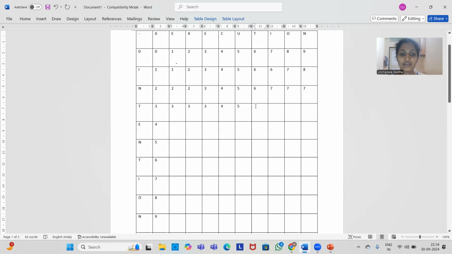T and T are the same letter, so we perform the operation so that the number will be 5. T and I, the number will be 6. T and O, the number will be 7. T and N, the number will be 8.